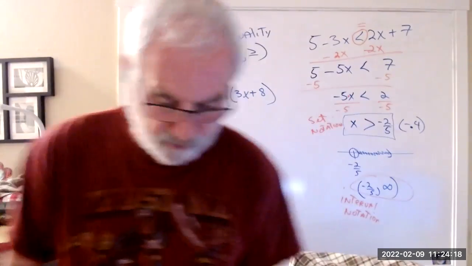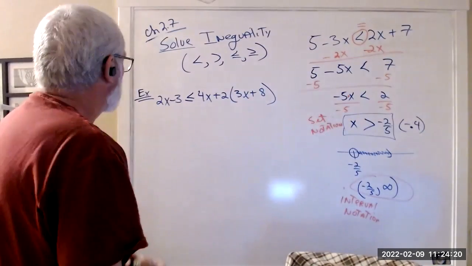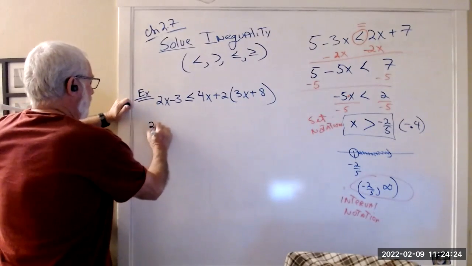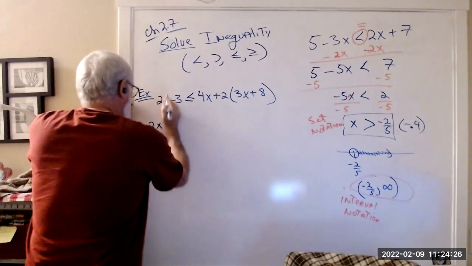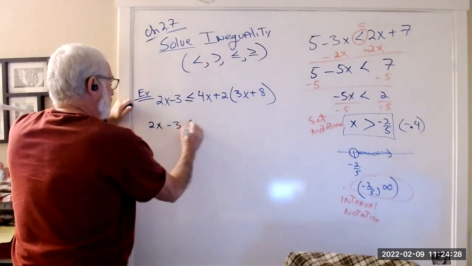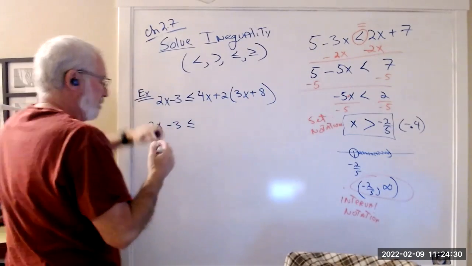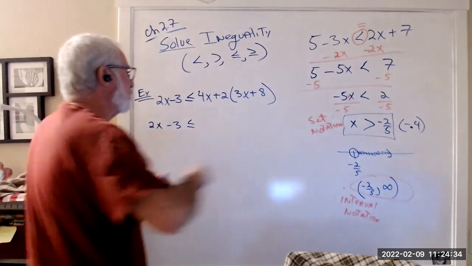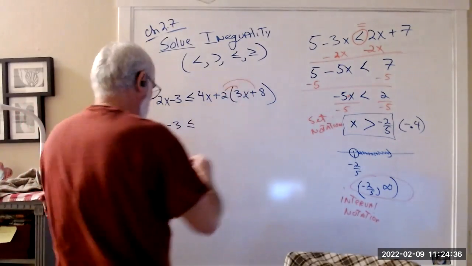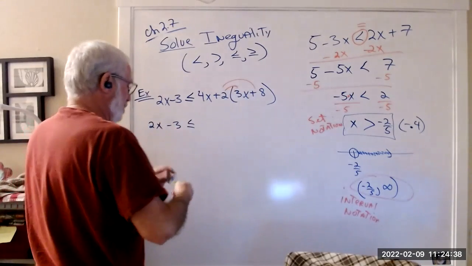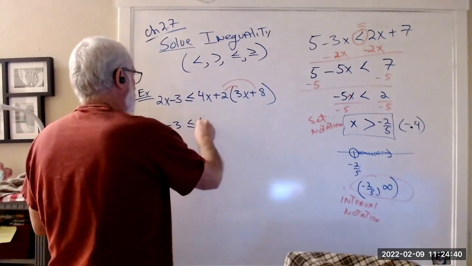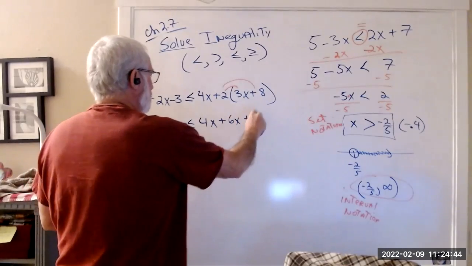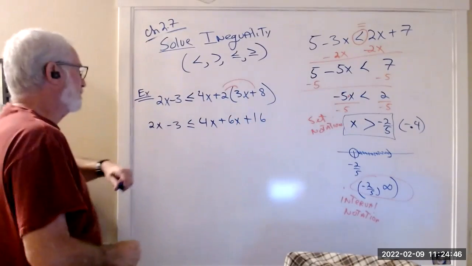All right, let's see how far you guys got. There's nothing to do on the left-hand side. It stays 2x minus 3 less than or equal to. Now on the right side, we have the distributive. So we have 4x plus 6x plus 16.